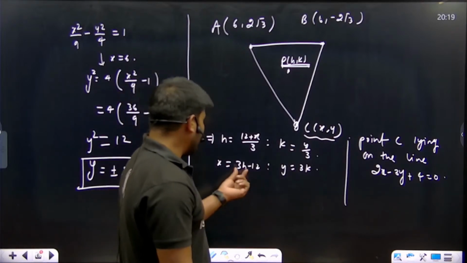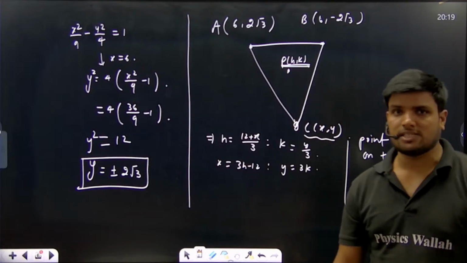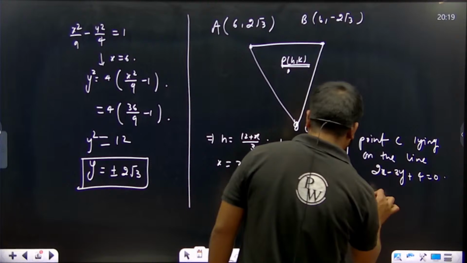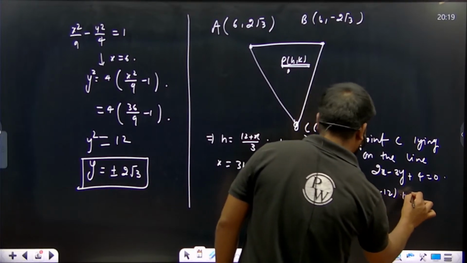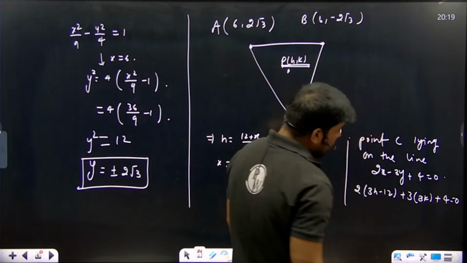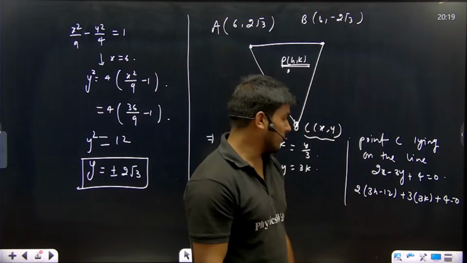So to eliminate x and y, we have to establish the relation between h and k. So we put x equals to 3h minus 12 and y equals to 3k. Now we can see that we have established a relation between h and k.